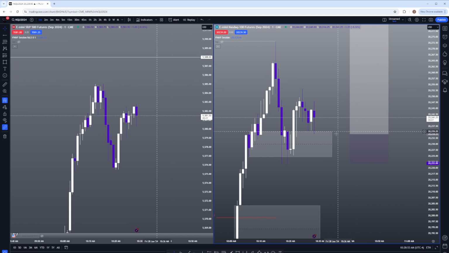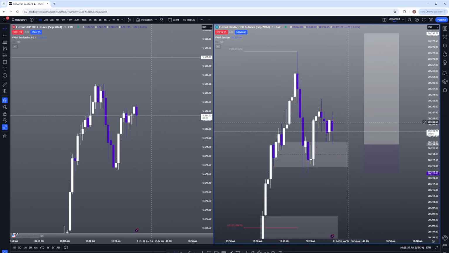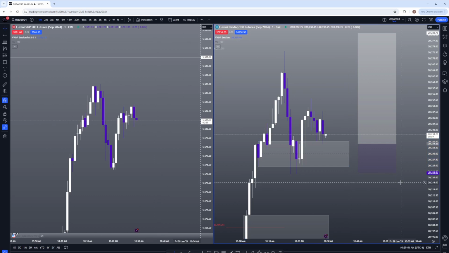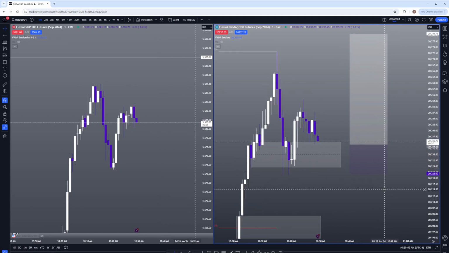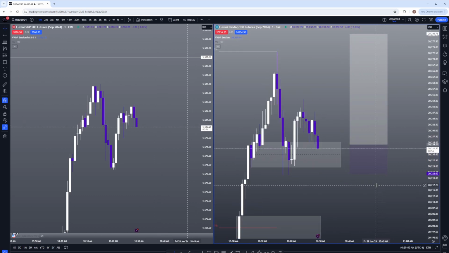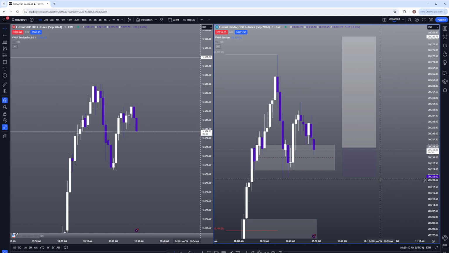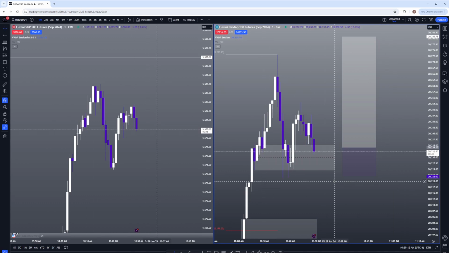Okay, so back into that. I just don't like all this choppiness we're seeing right now. We're trading back into that support level, that 1-minute order block.